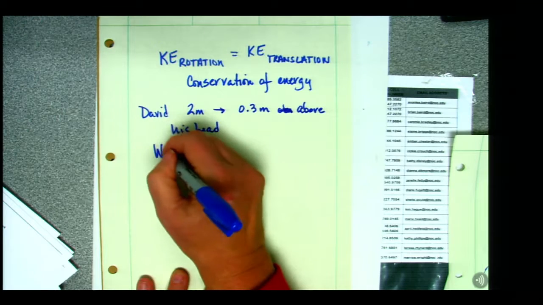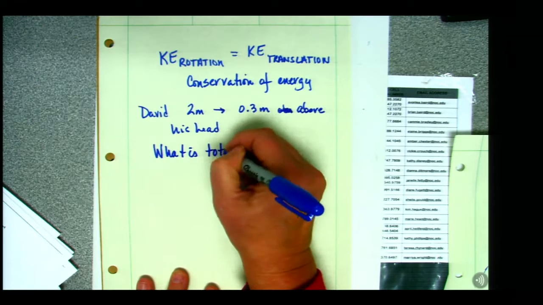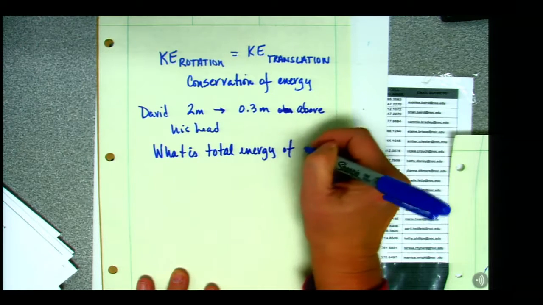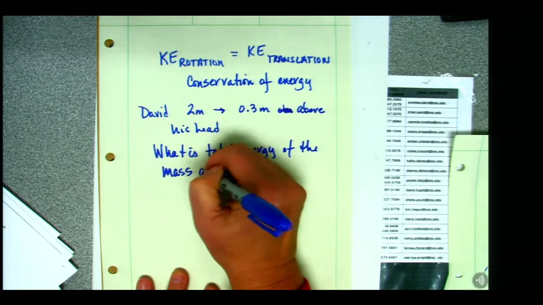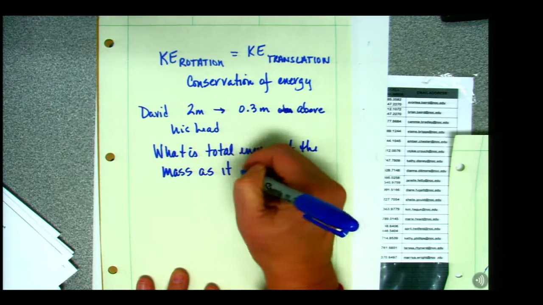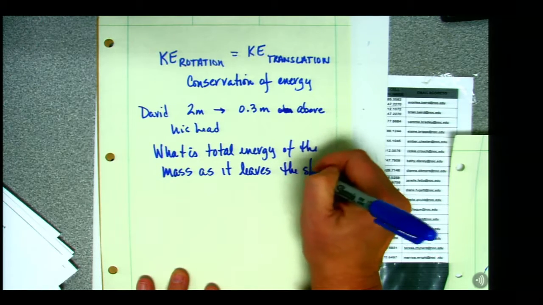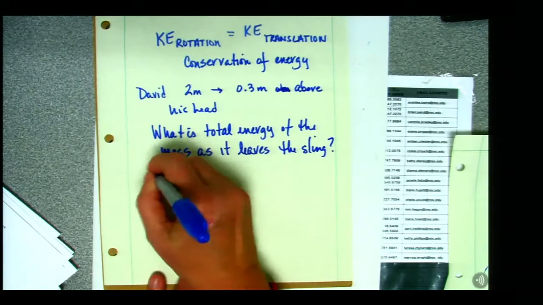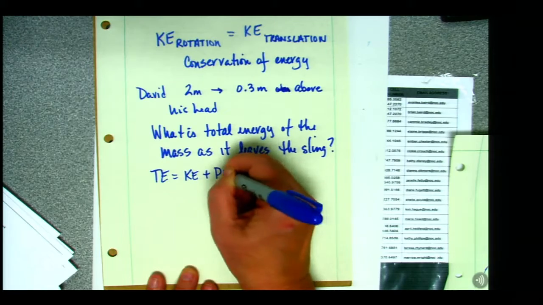What we want to calculate is the total energy of the mass as it leaves the sling. The total energy is going to equal my kinetic energy plus my potential energy.